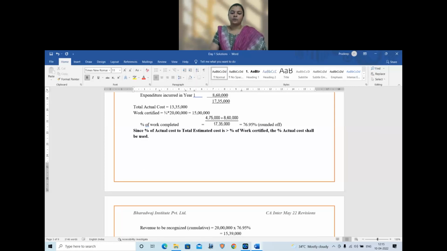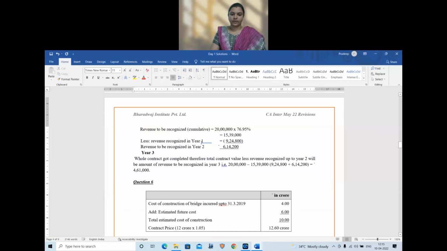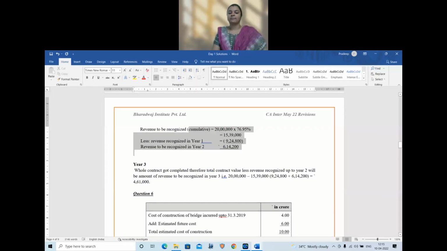Now, for the answer, listen carefully. You can take down separately. Revenue to be recognized. Total revenue to be recognized is 20 lakhs into 76.95 percentage, which is 15 lakhs 39,000. Less revenue recognized in year 1.